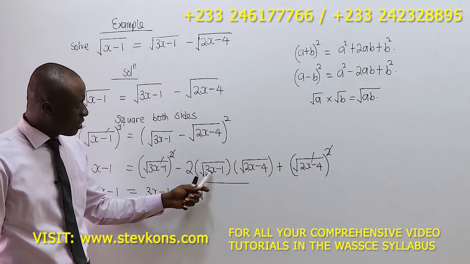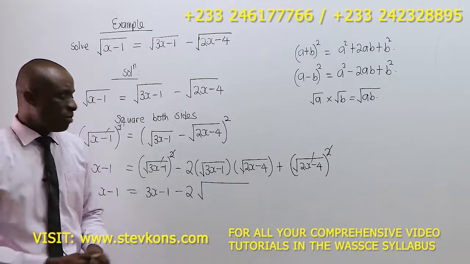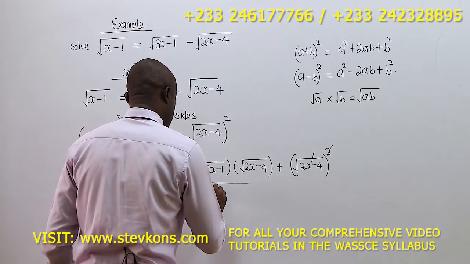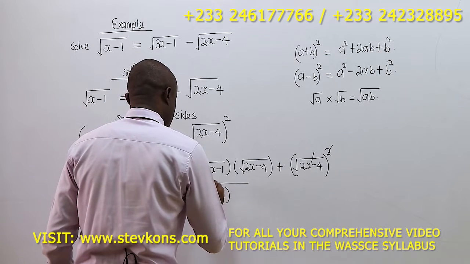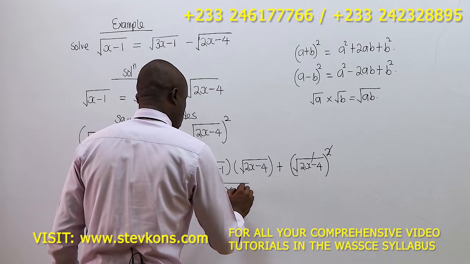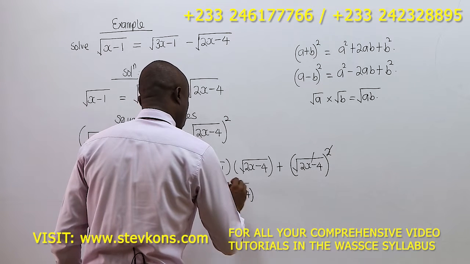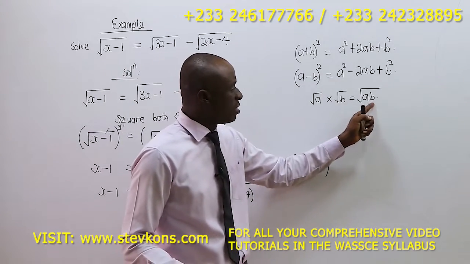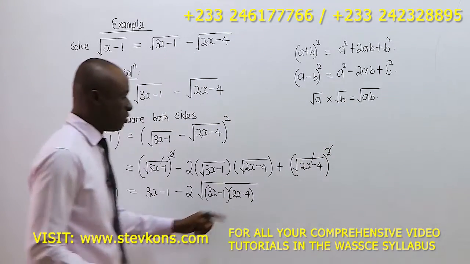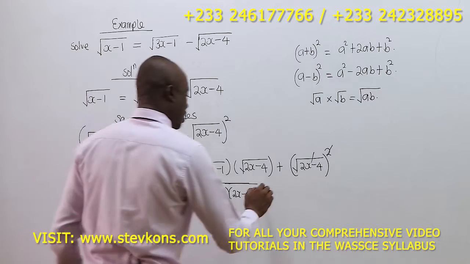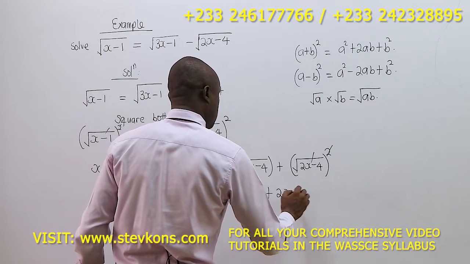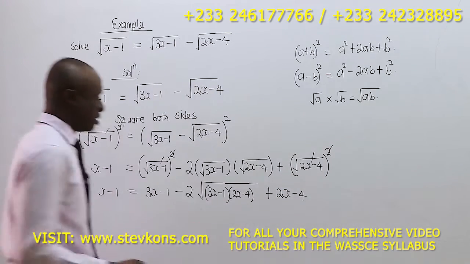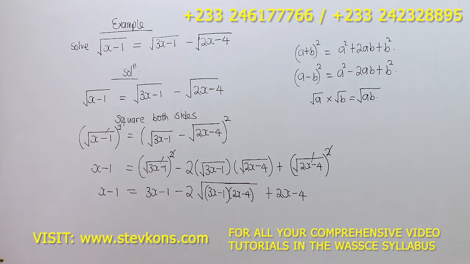Hence, if you have root 3x minus 1 times root 2x minus 4, this is the same as root of 3x minus 1 times 2x minus 4, all under one root, because root a times root b is root ab. That's what we have over here. And then plus 2x minus 4, because the square cancels the square root.